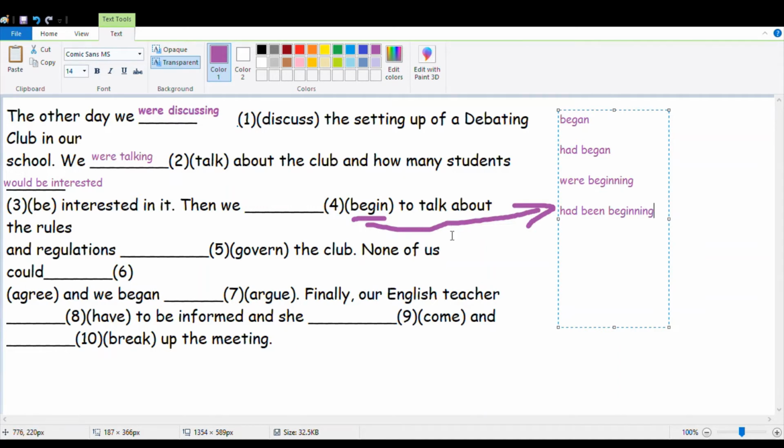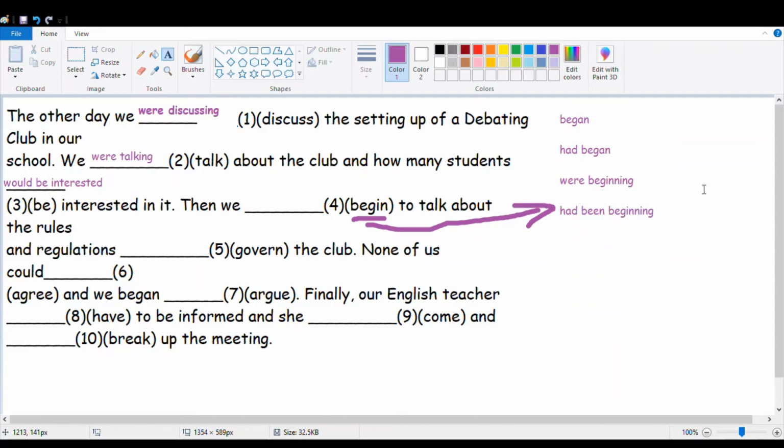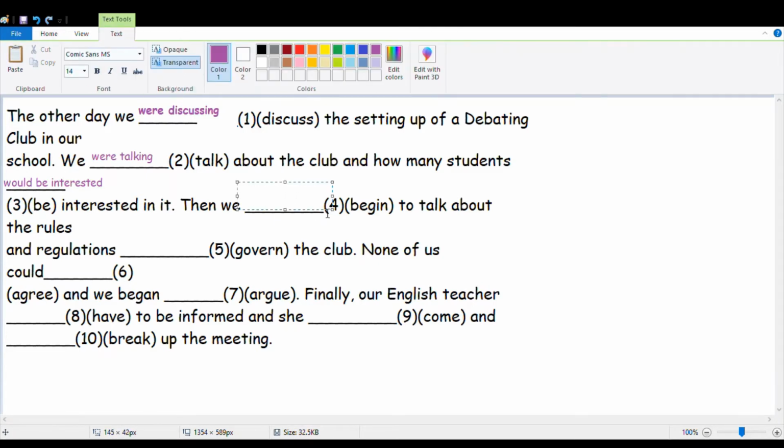Then we began. Why? Because it's a simple past tense. Were beginning doesn't really make sense because it was a continuous kind of action. So we don't want something where they were continuously beginning in the same way that they were continuously discussing. Okay, so let's put began to go in this blank here.